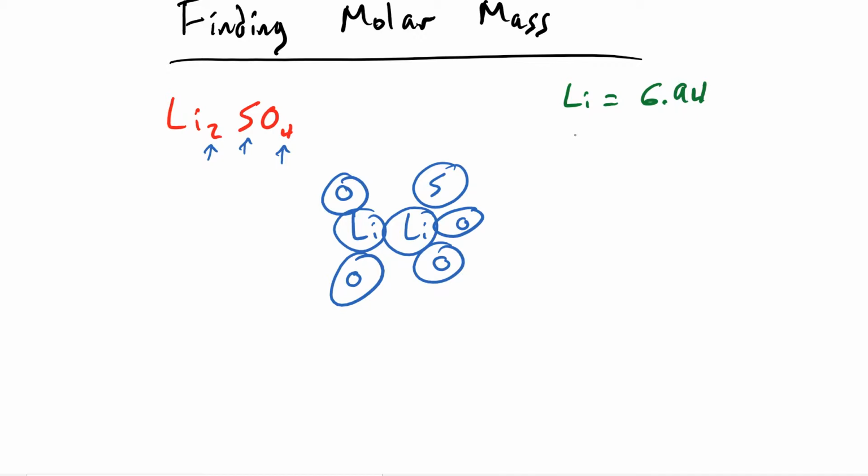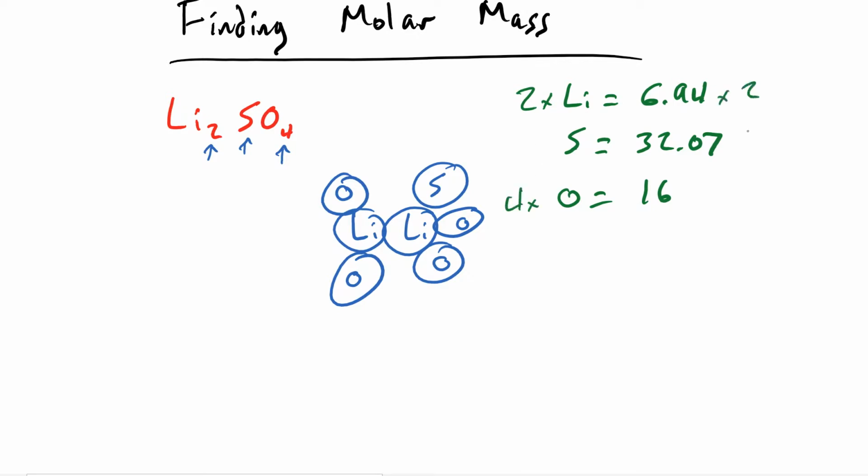The mass of sulfur is 32.07, and the mass of oxygen is 16. Okay, so now you've got to figure out how many of each of these you have. Well, we've got 2 lithiums and 1 sulfur and 4 oxygens.